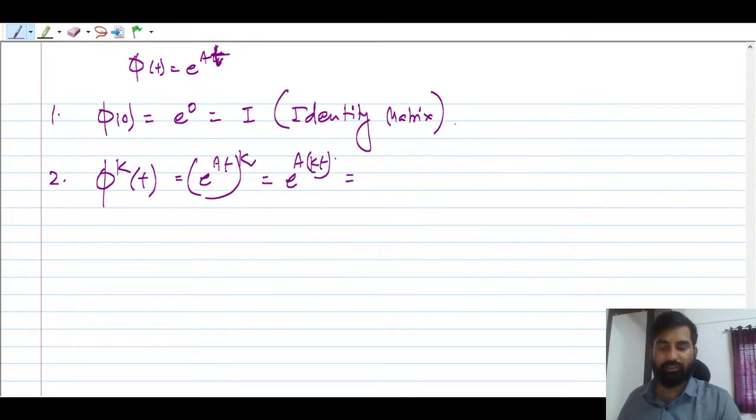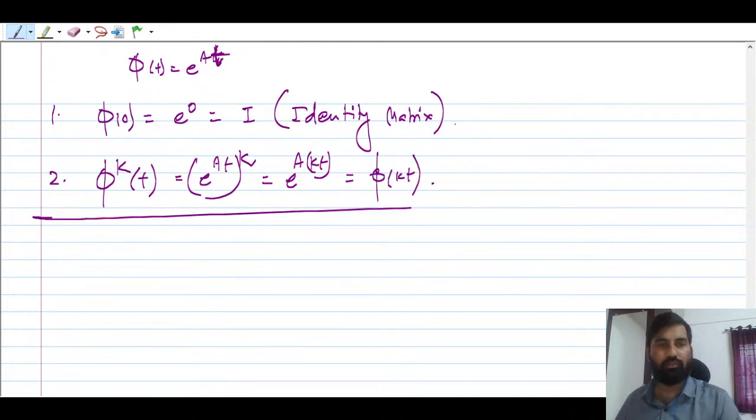And what is this? You can say this is nothing but phi of kt. You're just multiplying the time, the argument, by k. If you're taking a power, that will be multiplied here. I hope this makes sense. Suppose you're finding phi squared of t, that is phi of 2t, simple, because if you take the square of the exponential, the square gets multiplied with the power.